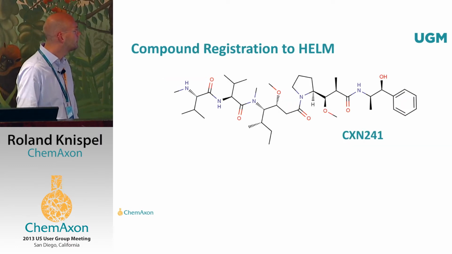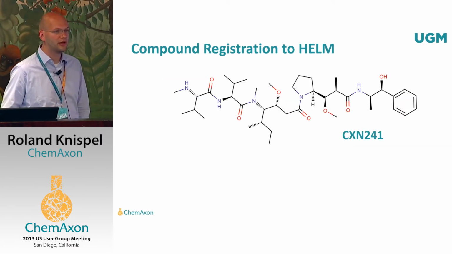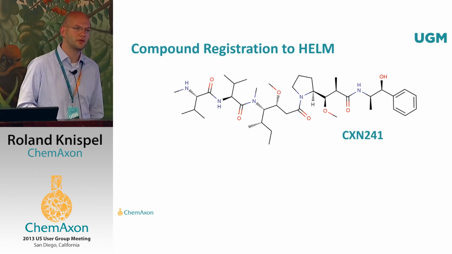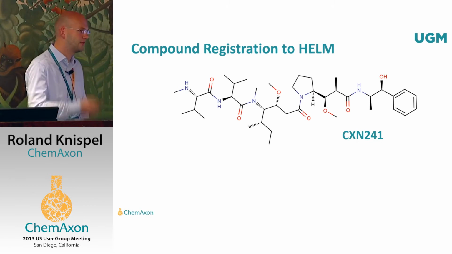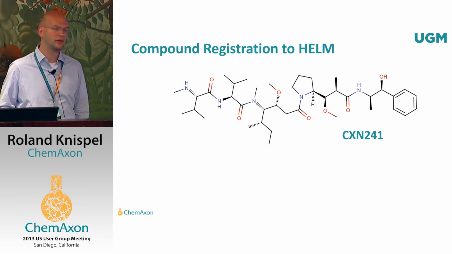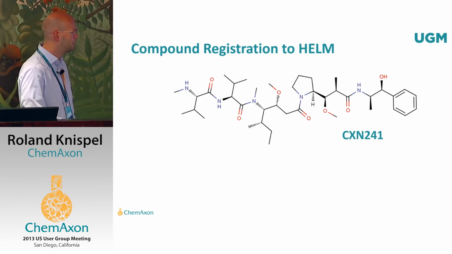But obviously, you can also do it from the other side round. You have things registered in your compound registration. You want to pull this over to your biological registration system because you have identified a number of compounds which may make suitable warheads for your ADCs. Then you already have these compounds.